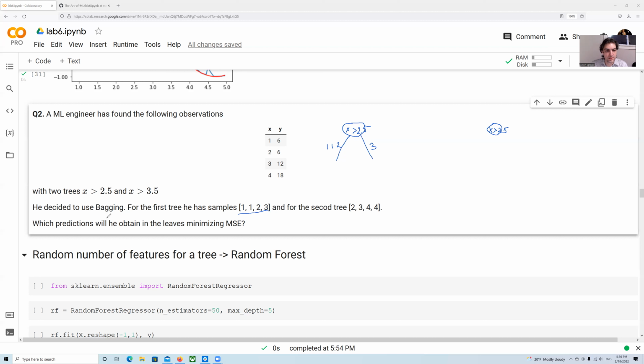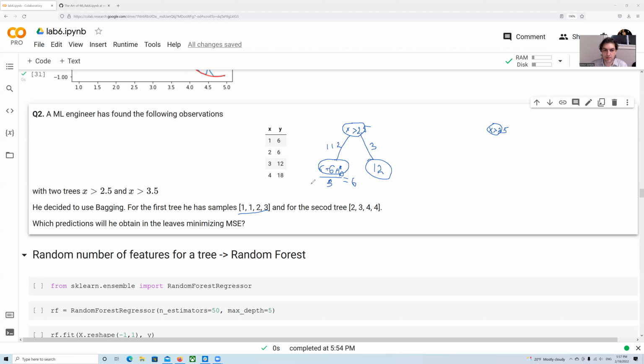And he is using mean squared error, so the value in this node will be just the average of 1, 1, and 2, and 6 is the value for x equals 1, again 1, and 2. For 2, the value is also 6. So the value in this leaf will be 6. But for 3, we have only one number, 12.